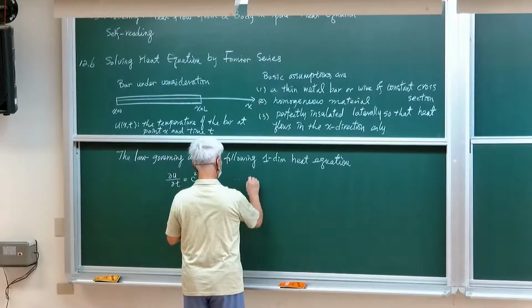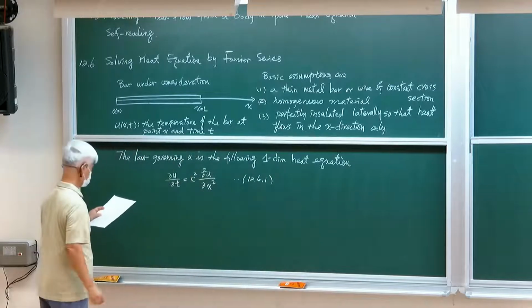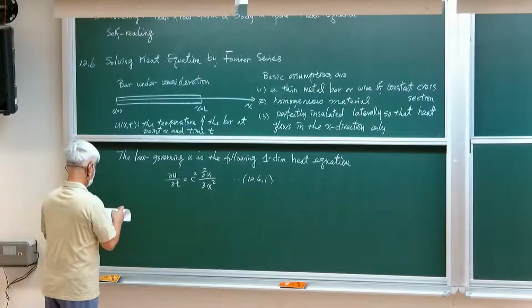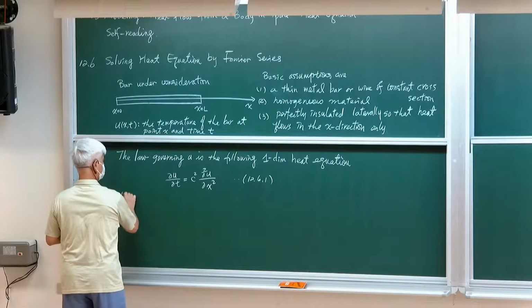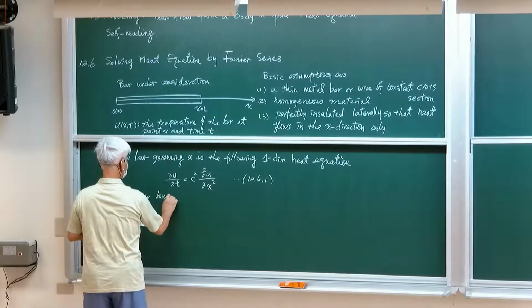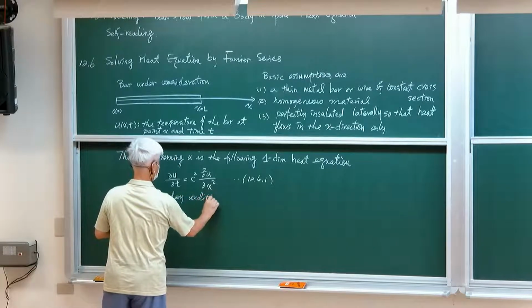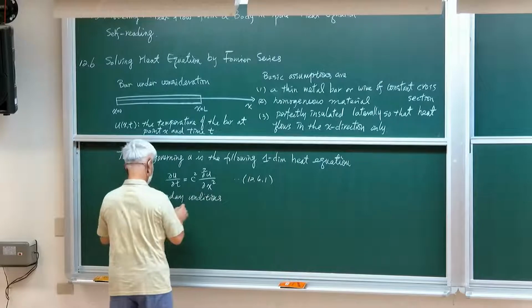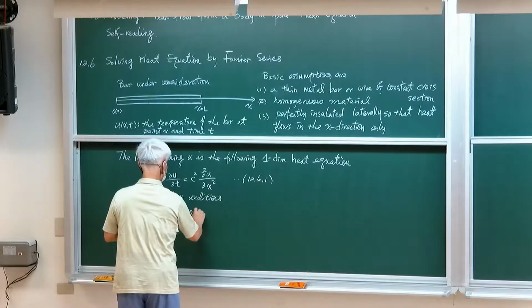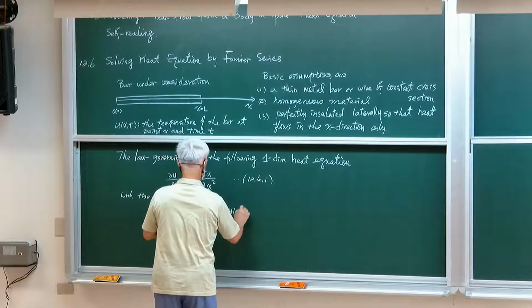Okay, so this equation will be denoted as this equation number. And we have two boundary conditions: u(L,t) is 0 and u(0,t) is 0.